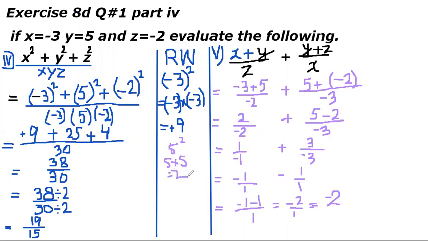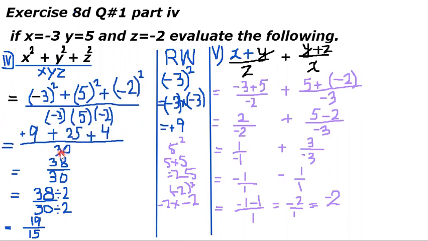And -2 square means -2 multiplied by -2. When you multiply the signs, minus into minus gives us plus, and 2 times 2 gives us 4. Now the next step is very easy, just add 9 plus 25 plus 4.